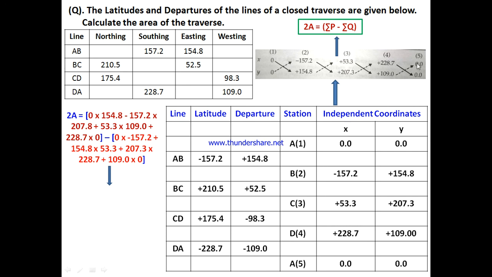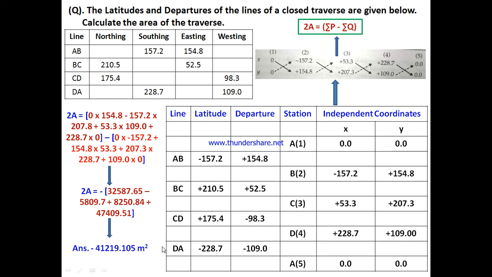All the dotted lines will give me the summation of Q values and all the solid lines will give me the summation of P values. So summation of P values will be the multiplication of these two terms minus multiplication of these two terms plus multiplication of these two terms and these two terms. In this manner you can calculate the value of 2A, and you will get the answer.